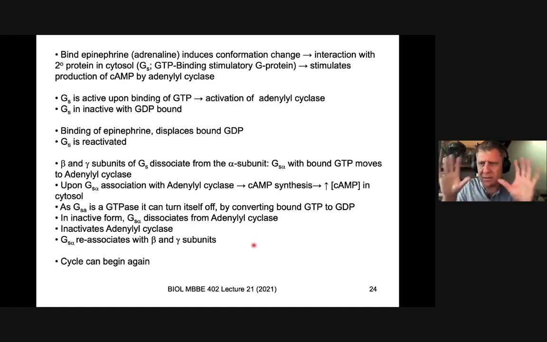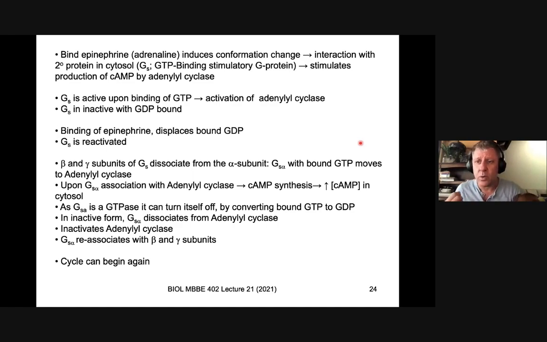So I want to put it in the right framework. But when we see the binding of these particular stimulatory compounds, they cause a three-dimensional structural change. And with that three-dimensional structural change, like we've talked about so many times in protein structure, we're going to get some type of effect occurring. In this case, we get an interaction with a secondary protein that is in the cytosol of the cell.